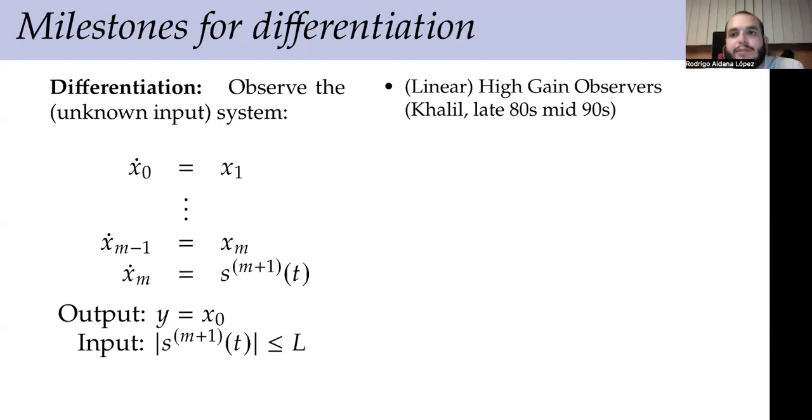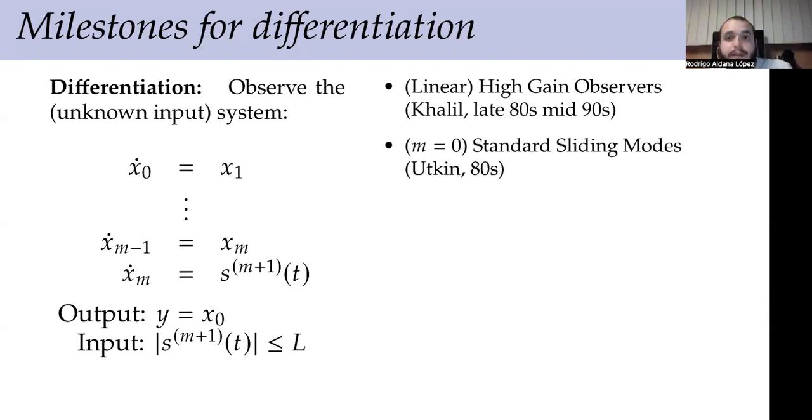But you can have the solution, which is a high gain observer. You can have this very special case in which this is not properly a differentiator, because in the m equals 0 case, which is just a single integrator, you don't differentiate anything. But you can have the intuition that using standard sliding modes, you can stabilize the system by rejecting these disturbances, right?